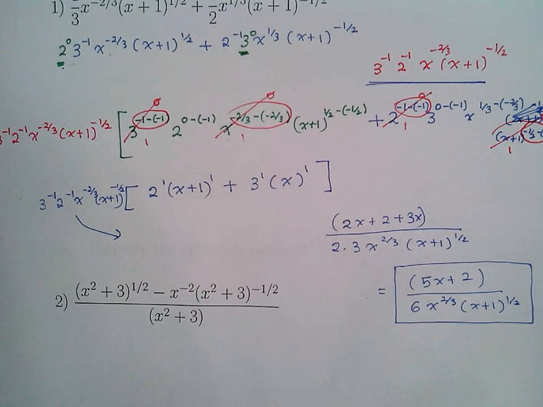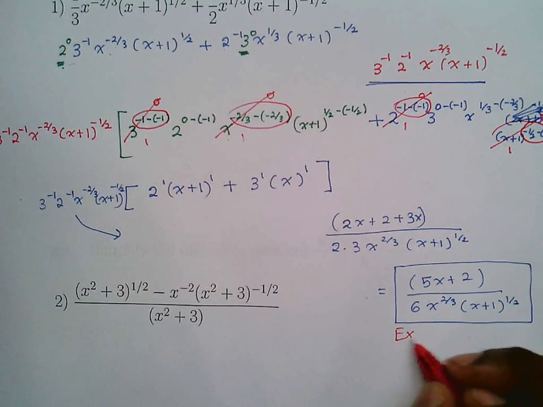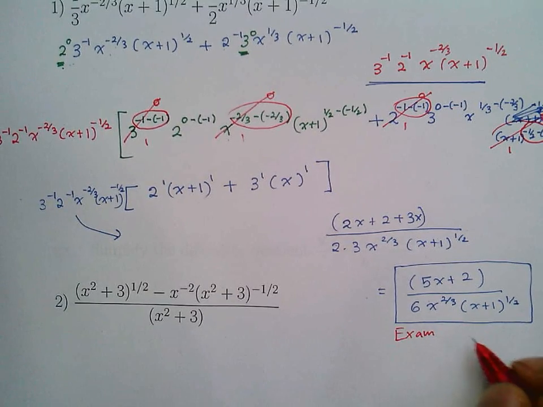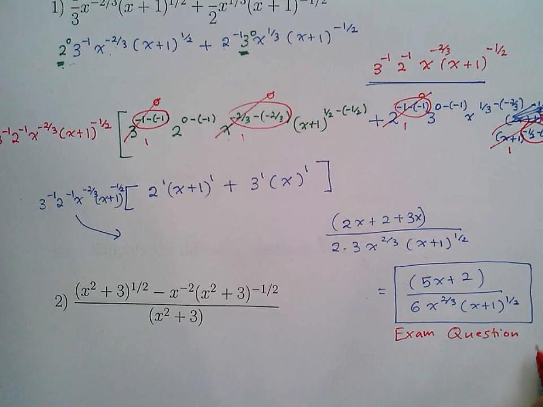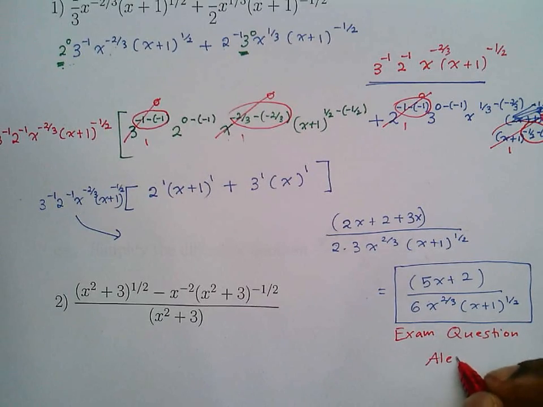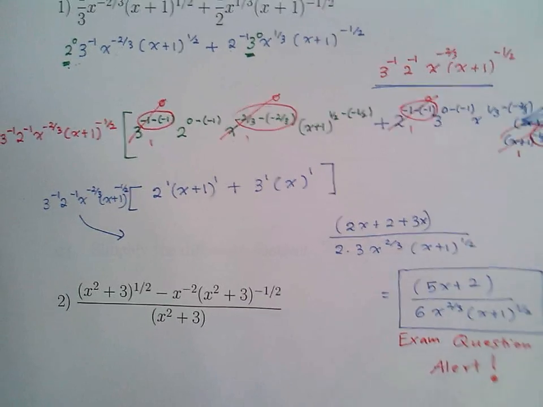Okay, again, these are questions that use a lot of concepts. These can be used in quizzes, exams, or you might see these in web assigned questions, and also one of those homework questions. So be alert.